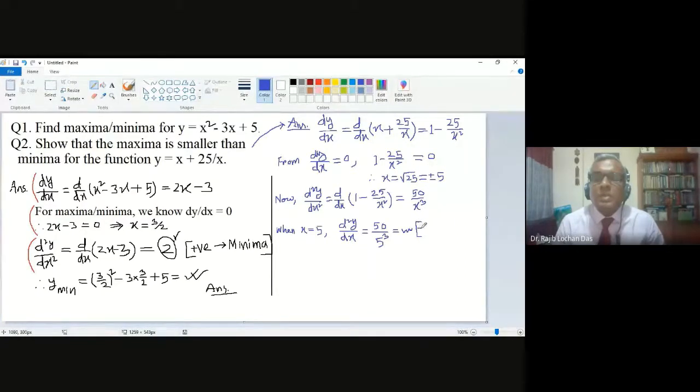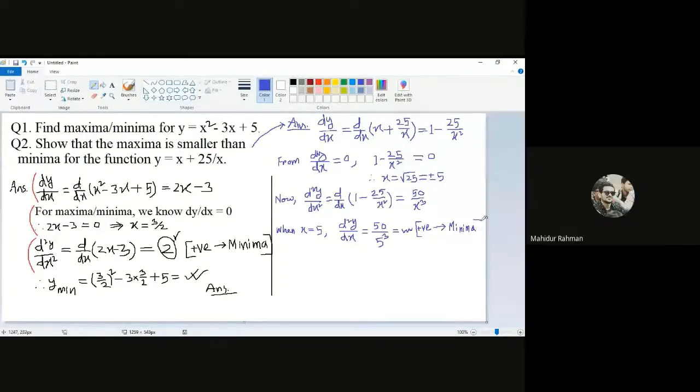That is the main point. So we see that this is positive, and that means we have minima. Positive value means minima will come. So we will calculate the minima in the next step, from 50 by x cube.